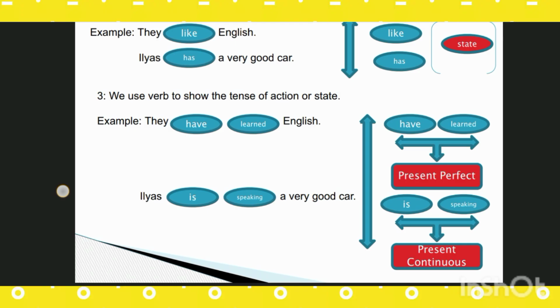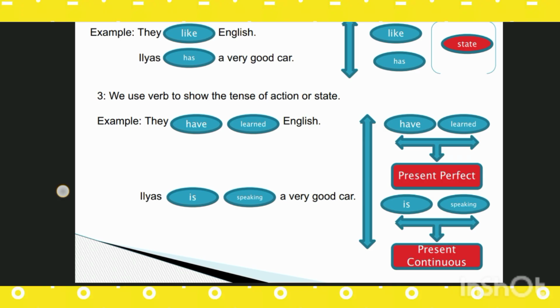And examples we have to see: they, what, they have learned English. What is in the middle of the sentence? We have and learned. Have is used in all perfect tenses. Have, had, past perfect.